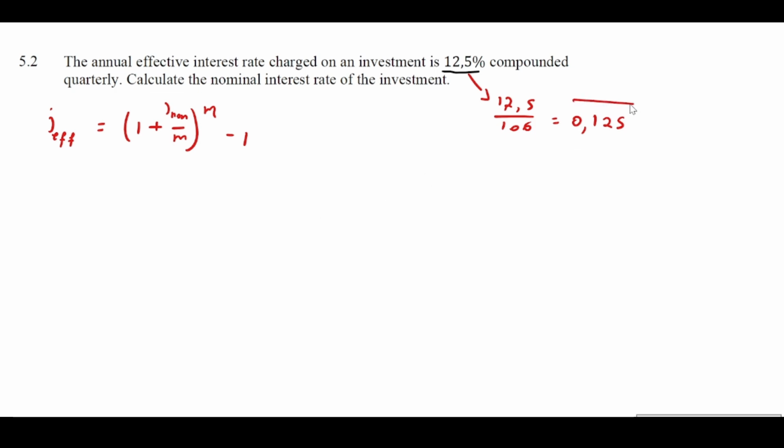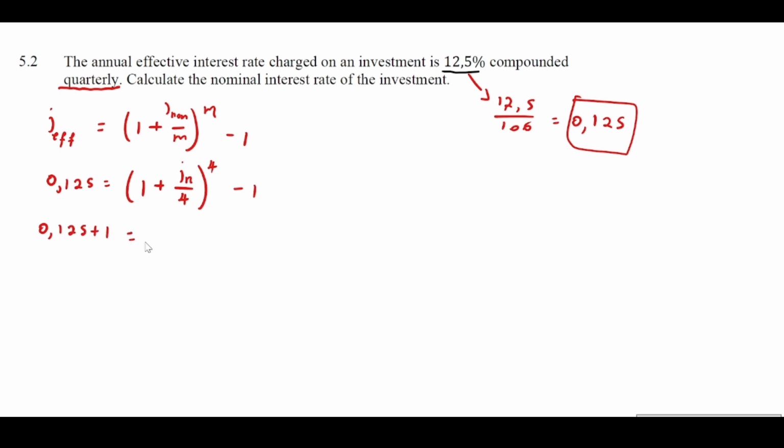So you're going to substitute 0,125. It is equal to (1 plus i NOM divided by 4) to the exponent of 4, minus 1, because they say it is compounded quarterly. Okay, take the 1 to the other side. You are going to add it.